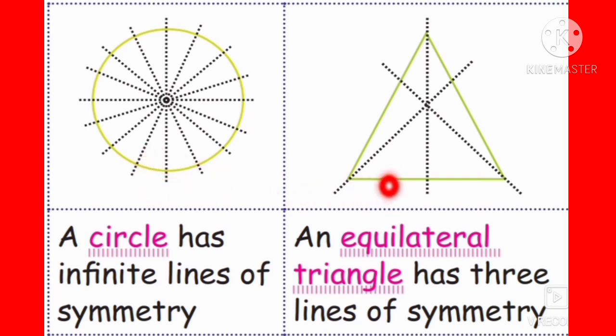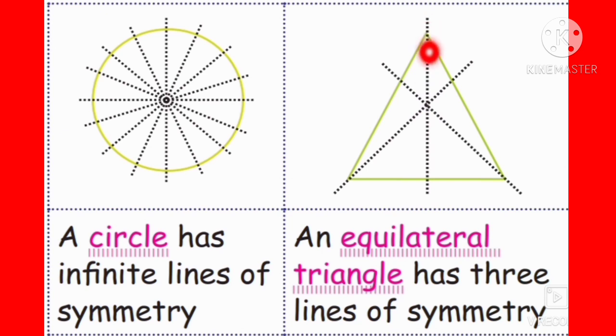And here, this shape is called an equilateral triangle. Equilateral triangle means that it has three equal sides. The lengths of the three sides are equal. So, here the equilateral triangle has three lines of symmetry through the vertex.